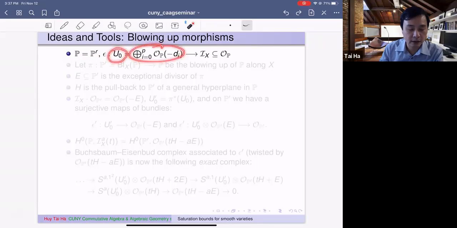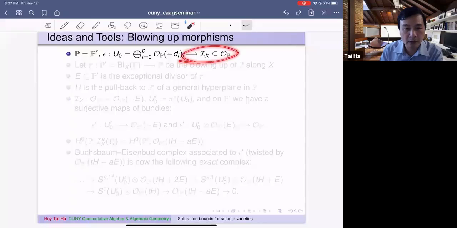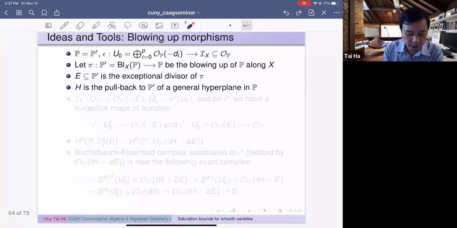U0 now is the vector bundle V that I mentioned before, mapped to the ideal sheaf of X. Then I'm going to denote by P prime the blow up of P^r at X. It's going to map down to P^r, of course.